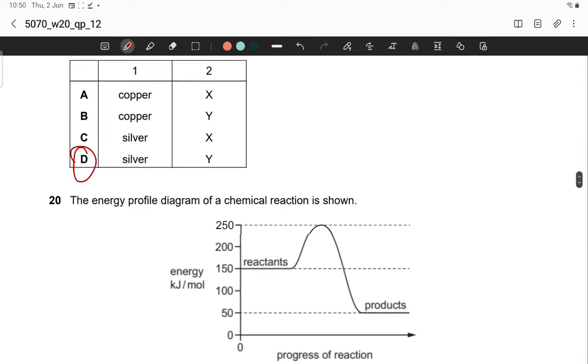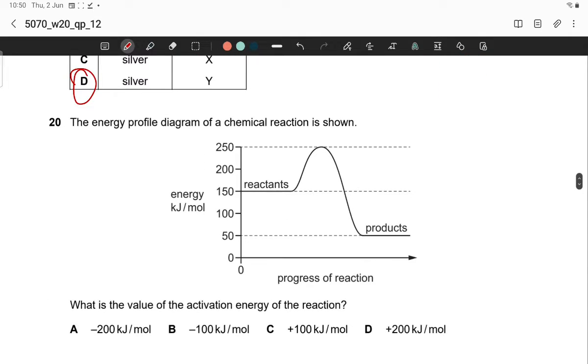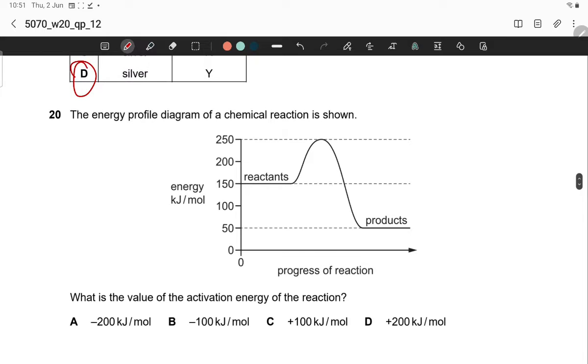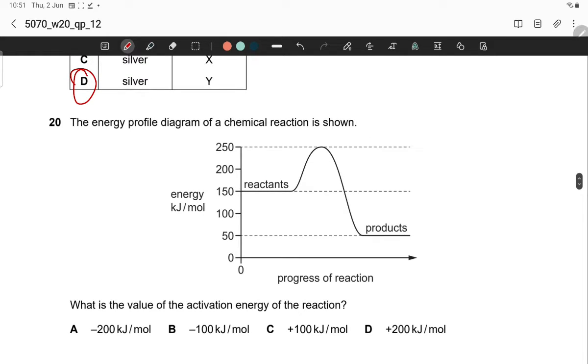Question number 20. The energy profile diagram of a chemical reaction is shown. What is the value of the activation energy of the reaction? This is an exothermic reaction.